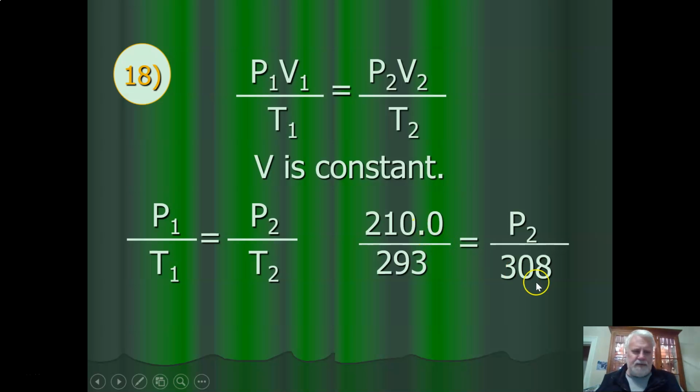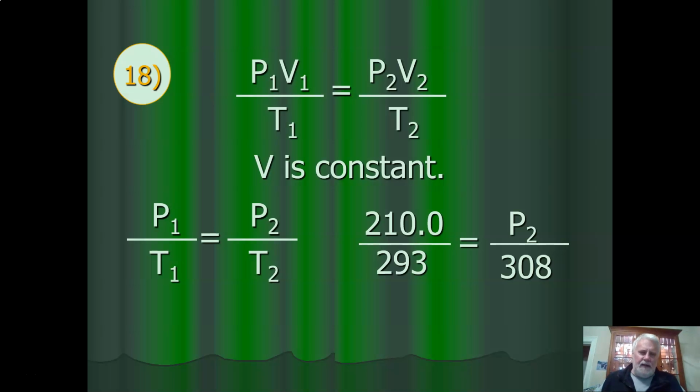You're going to punch those numbers in your calculator. So again, just to be clear on this, just cross multiply and take 210, and you don't even have to hit the 0.0. You can worry about sig figs at the end. Times 308, and hit enter. And now divide by the 293, because that's going to be on the bottom, right? Divided by 293.